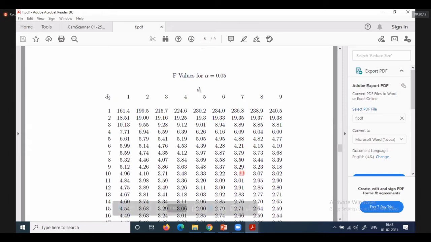Here 7 comma 9 degrees of freedom: 7 we have to see in the row and 9 in the column. The corresponding value is 3.29. So the F table value is 3.29.